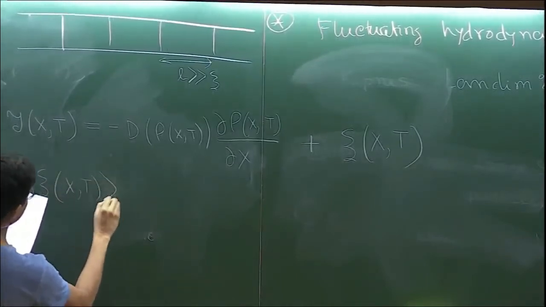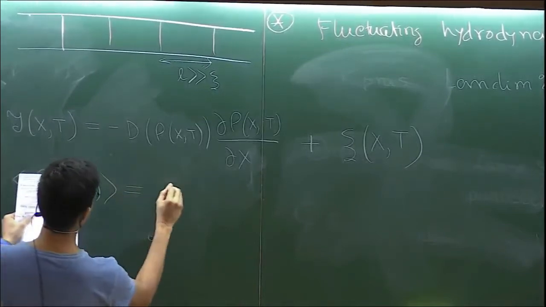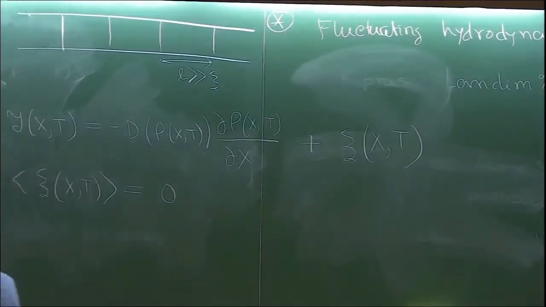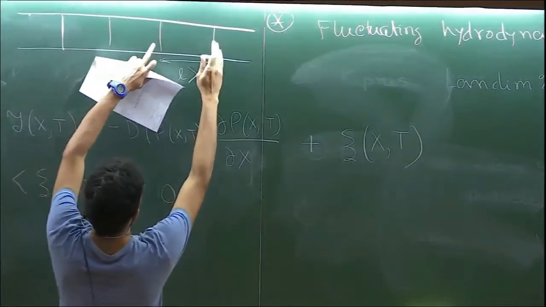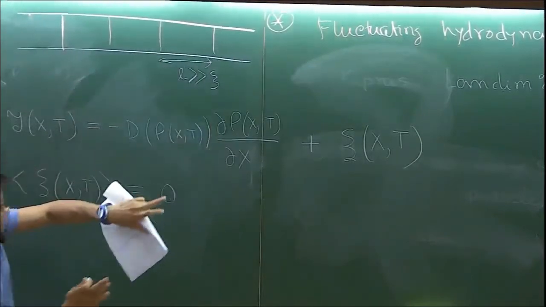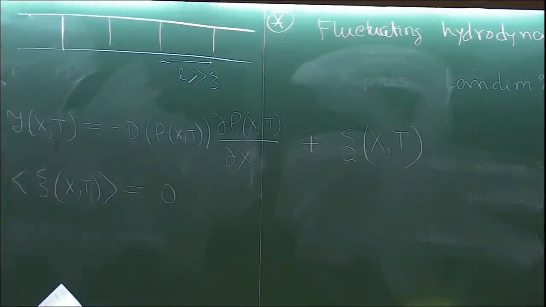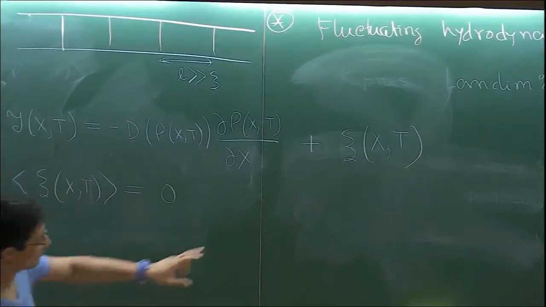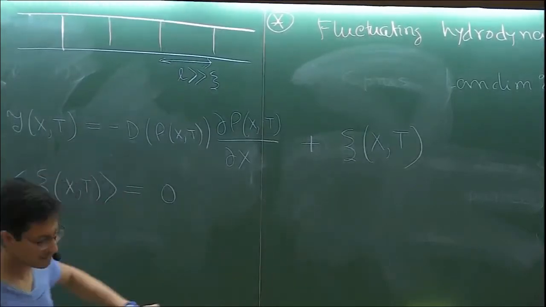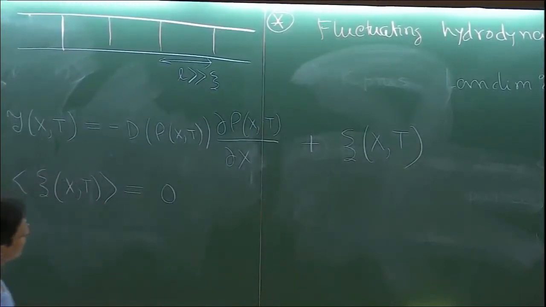if I look at any time, at any position, this should be 0, because the density difference is very small, so then the average, sorry. I will come to that at the end. So this is xi.